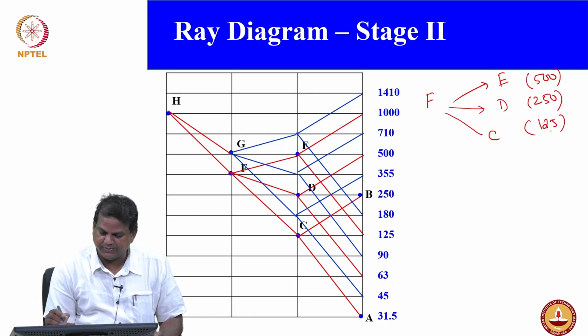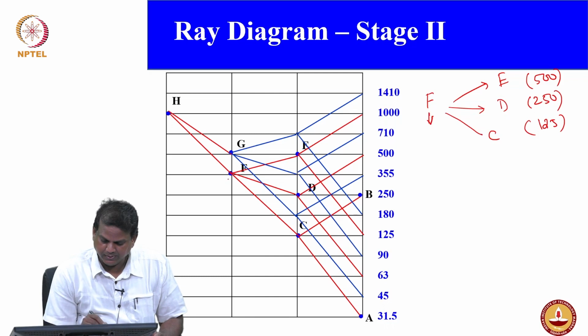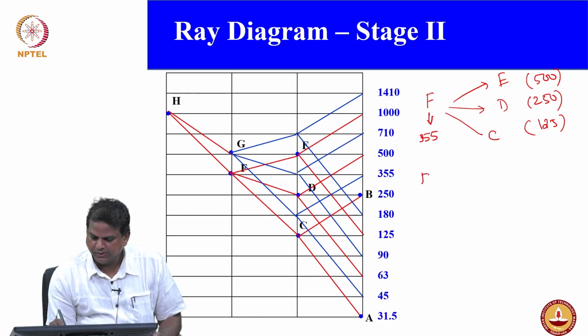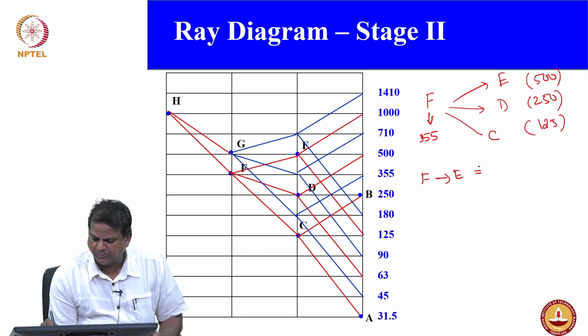Whereas F speed, what is F speed? 355, right? 355. In fact, for F to E, what is the corresponding gear meshing?